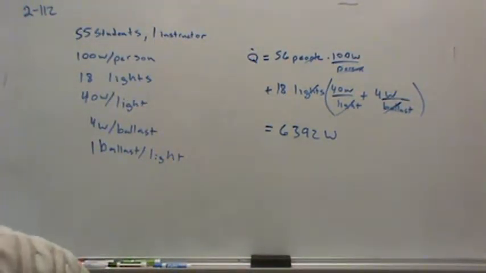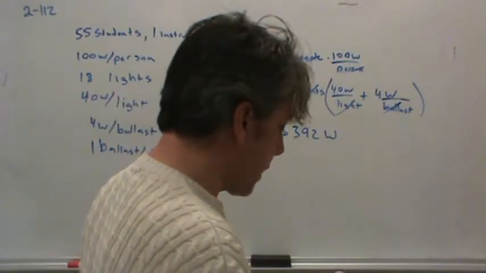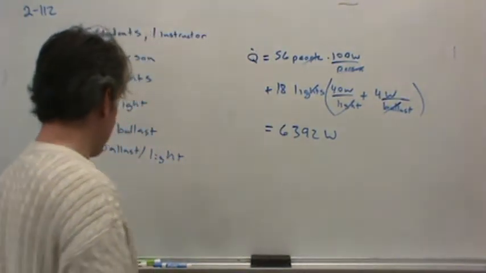Well, go to the back of your book and let's do a conversion. 1 horsepower is 0.7457 kilowatts. So we have to multiply that 14 horsepower by 0.7457 kilowatts. That's about 10 kilowatts.